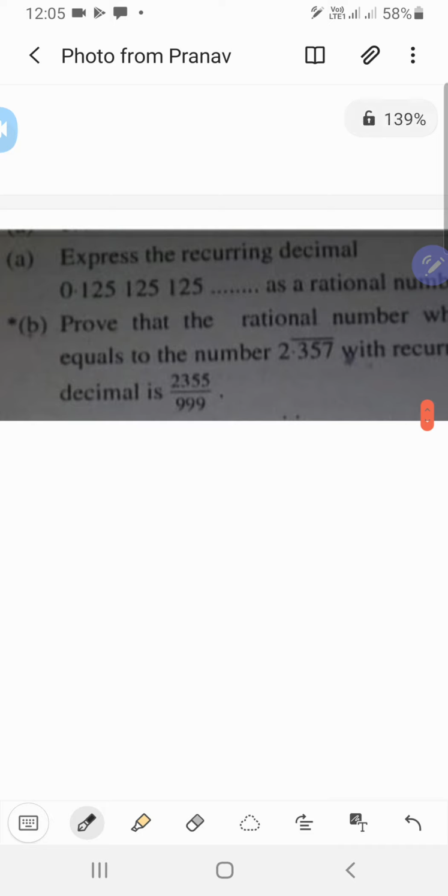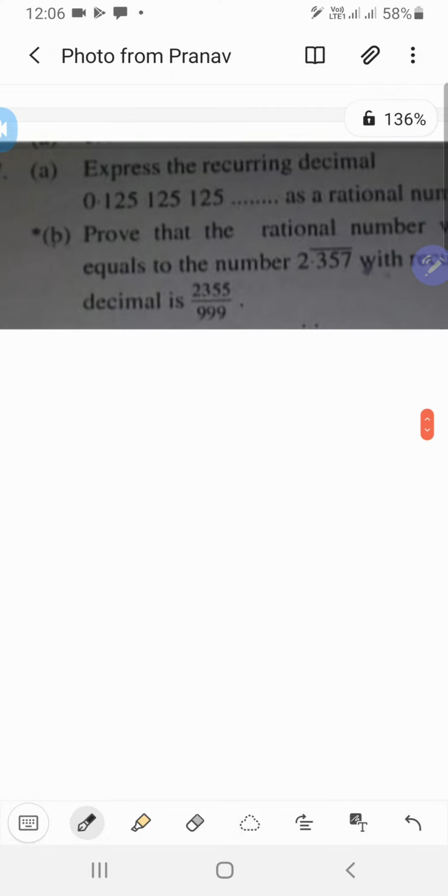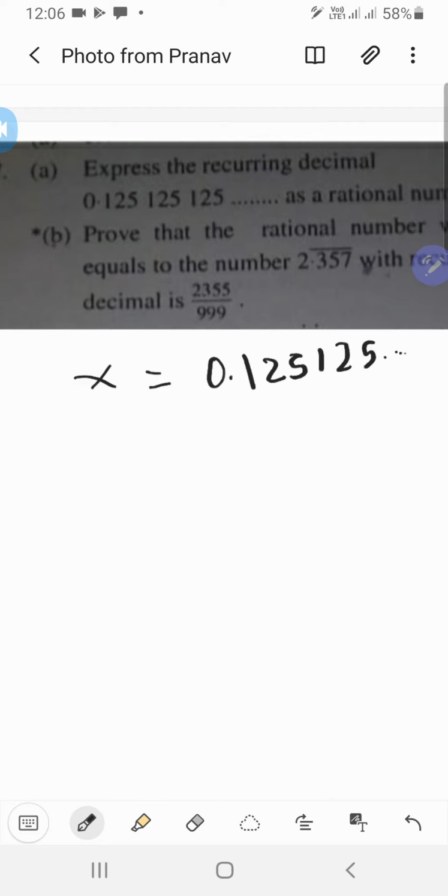Express the recurring decimal 0.125125 as a rational number. Okay, that's nice. So 0.125125, let's call this number x. Now I know that I should be doing this using a geometric series, but whatever, let's just do it the old way, which is when you multiply this by say 1,000.